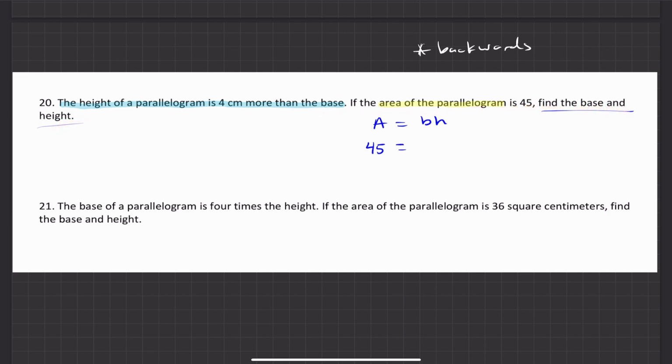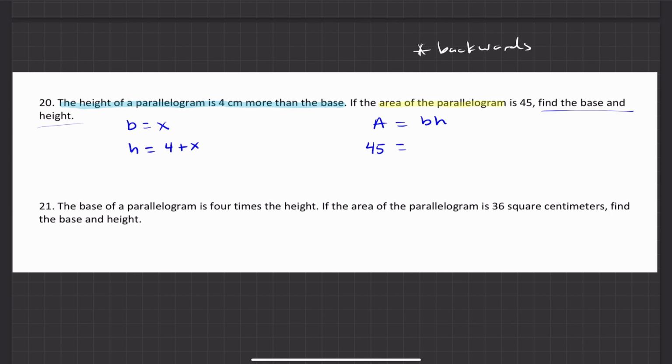This is the only given information that I have here, but since it just says the base and it's our unknown, how do we represent that? Well, the base is equal to x. That's our unknown. So therefore, the height of that parallelogram, it's 4 centimeters more than the base. So essentially that's saying 4 plus x.